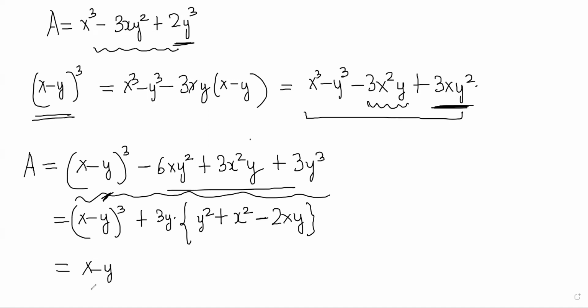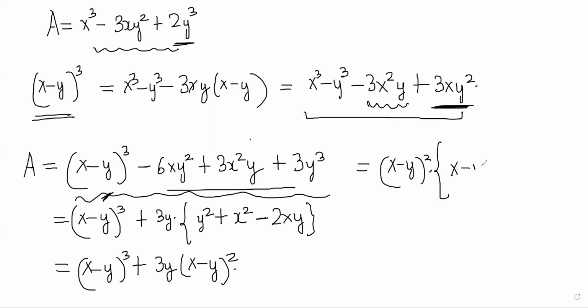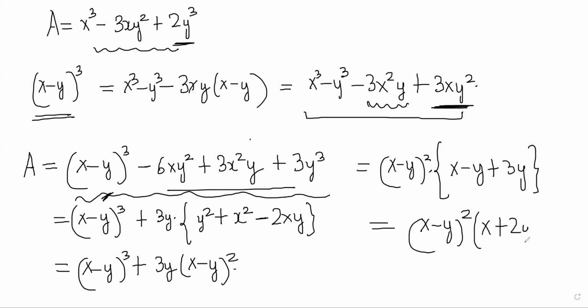So you're getting x minus y whole cube plus 3y times x minus y whole square, and then x minus y whole square is common, and you're getting x minus y plus 3y. So it is x minus y whole square into x plus 2y. So that is using the cube formula, right? Is it clear, everyone?